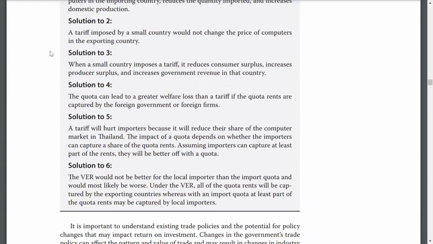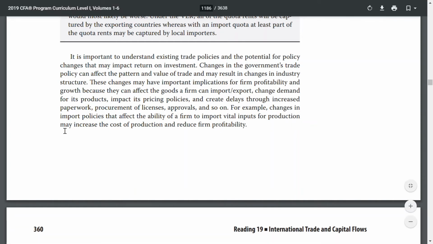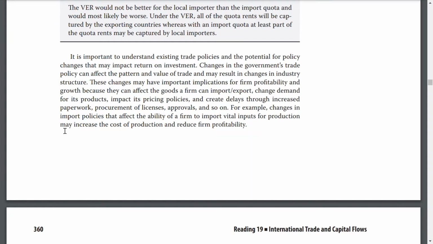It is important to understand existing trade policies and the potential for policy changes that may impact returns on investment. Changes in government trade policies can affect the pattern and value of trade and may result in changes in industry structure.